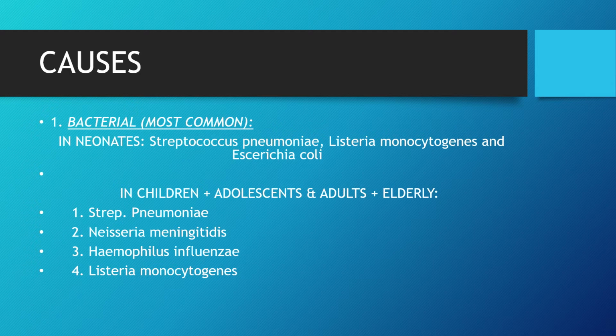In children, adolescents, adults, and the elderly, the bacterial organisms implicated are Streptococcus pneumoniae, Neisseria meningitidis, most commonly Haemophilus influenzae, this one is very important, and Listeria monocytogenes.